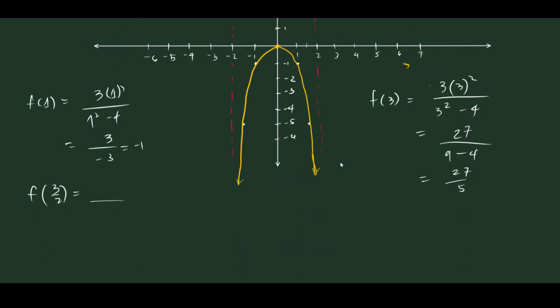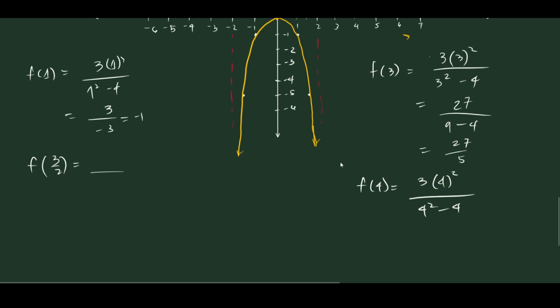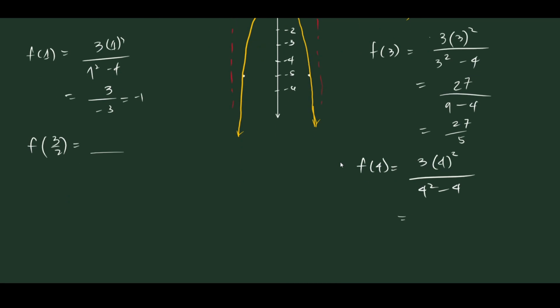Okay, let's do another point, f of 4. So 3 times 4 squared over 4 squared minus 4, right? So this will be 3 times 16 divided by 16 minus 4.